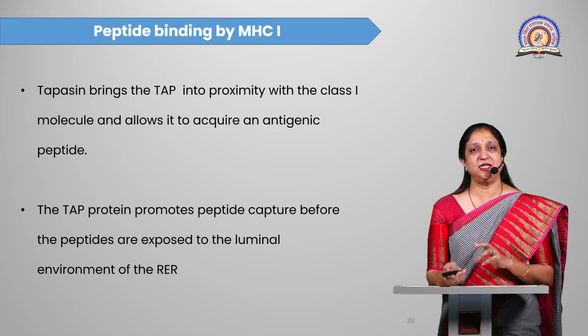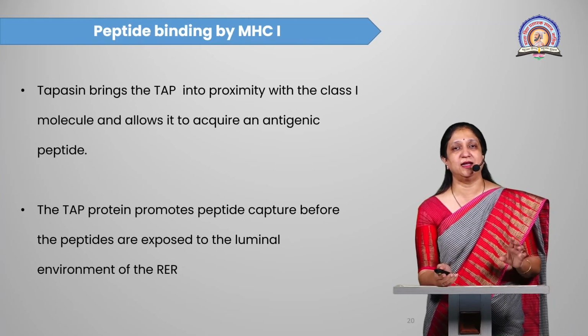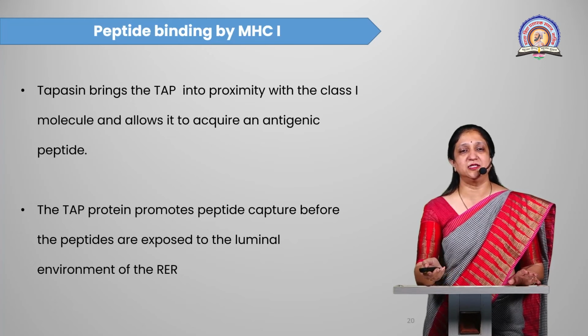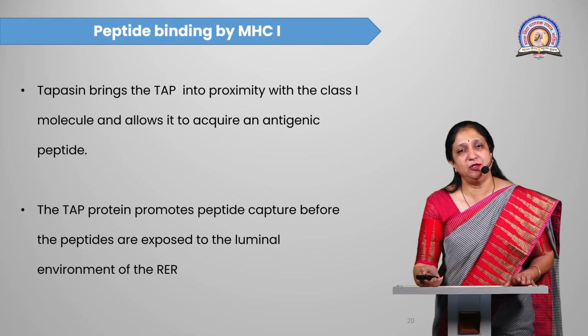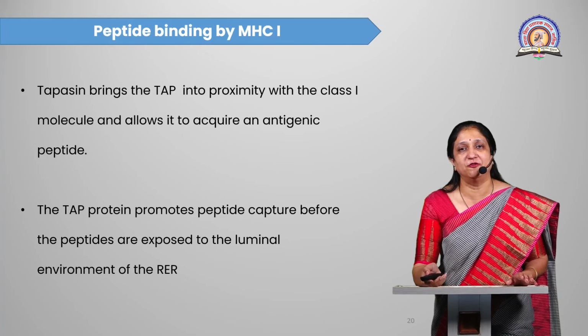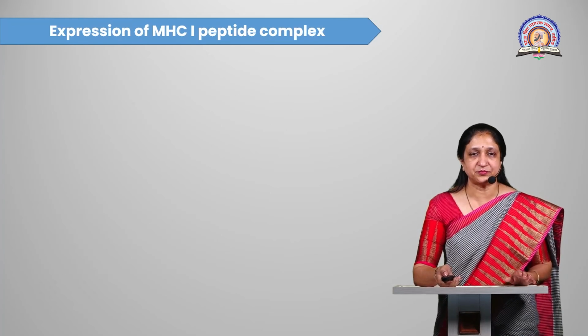Now, the antigenic peptide that is bound in the class 1 MHC molecule in the third step has to be transported from the lumen of the endoplasmic reticulum towards the surface of the target cell. Right?